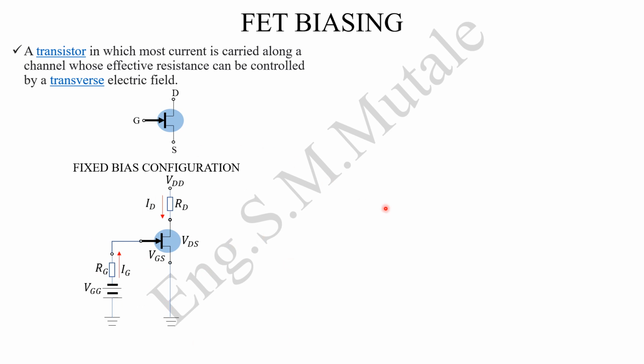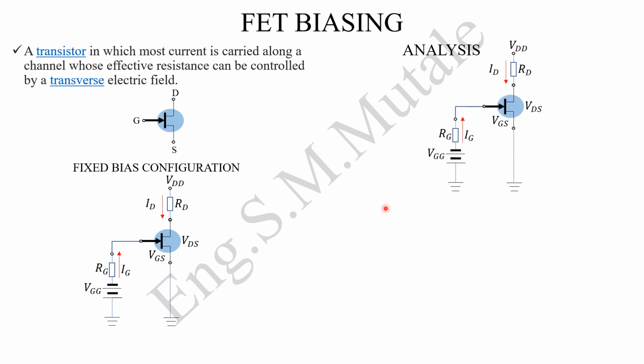Let's look at the analysis. When we analyze such a circuit, we split it into two parts. The first is where we get excitation from VGG, it goes through VGS, and then to the ground. The second is where we get excitation from VDD and it goes to the ground. We start with the first one, from VGG. In our analysis, RG is approximated to be 0 because it's very small, so the input resistor doesn't really matter.